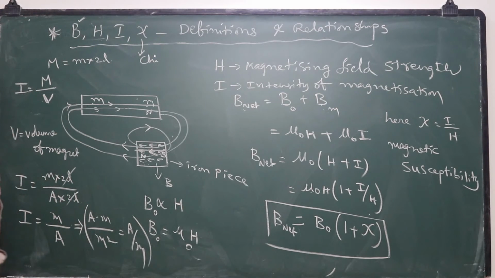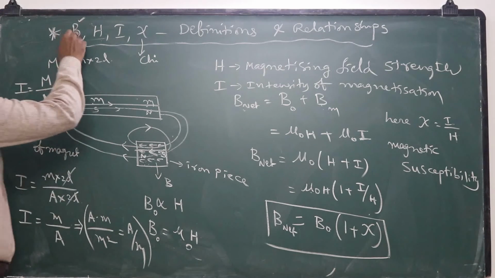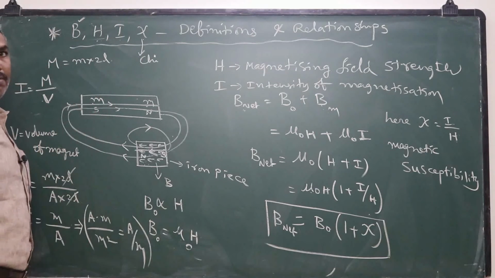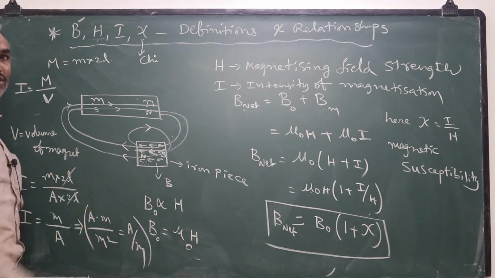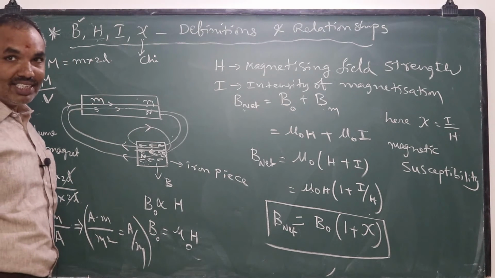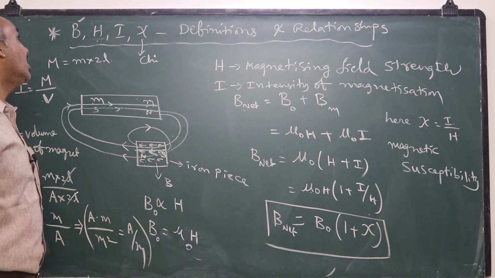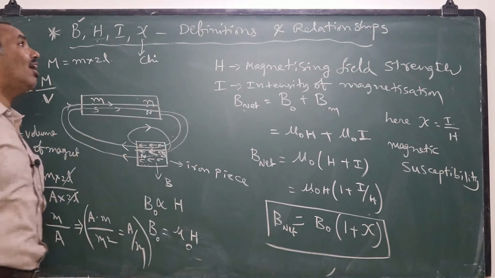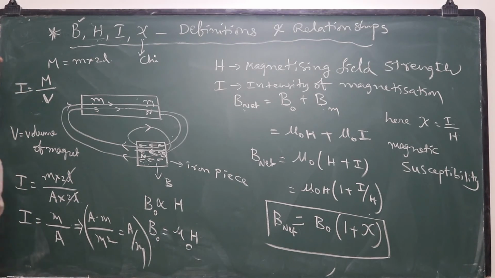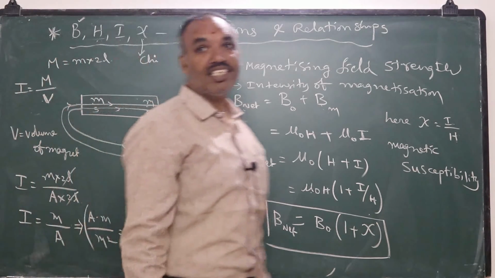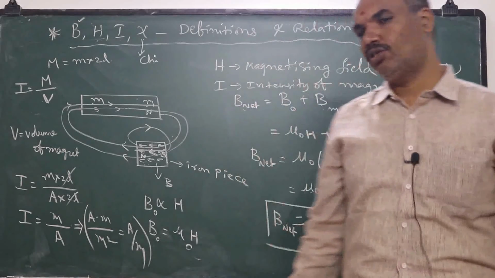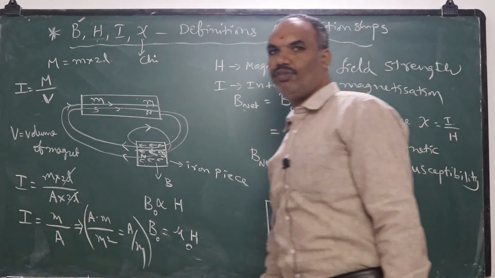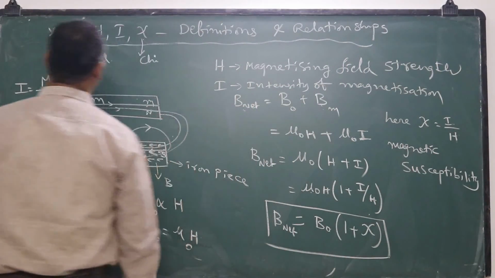Once again, what are the definitions of B, H, I and chi? B is magnetic induction field or magnetic flux density. H is the magnetizing field. I is intensity of magnetization. Chi is magnetic susceptibility. So what are the units?